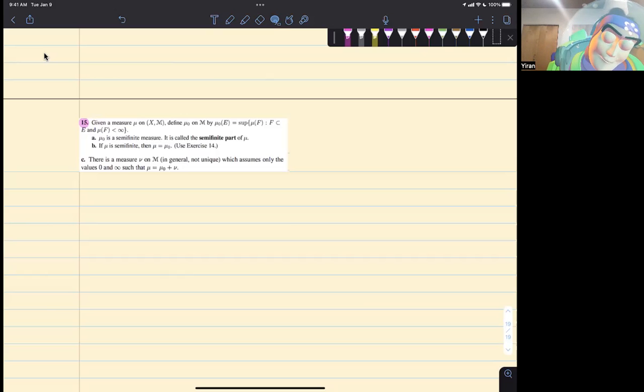So we have mu naught of E is larger or equal than mu of Fn, and this uses the inequality. Let's just call it 3. What is this? This is equal to mu of the union of Fj, 1 to n, which is equal to the sum from 1 to n of mu of Fj.